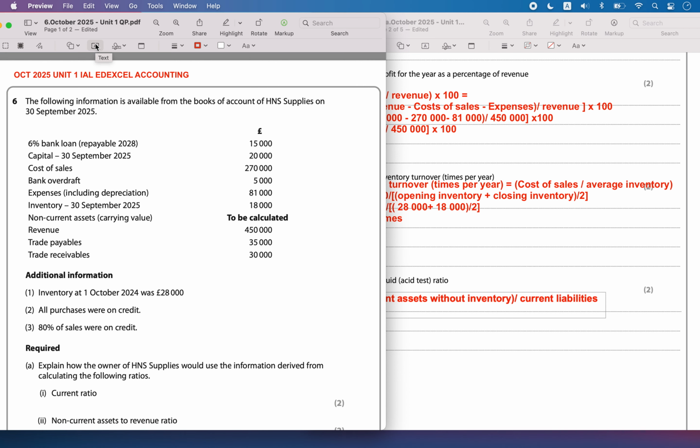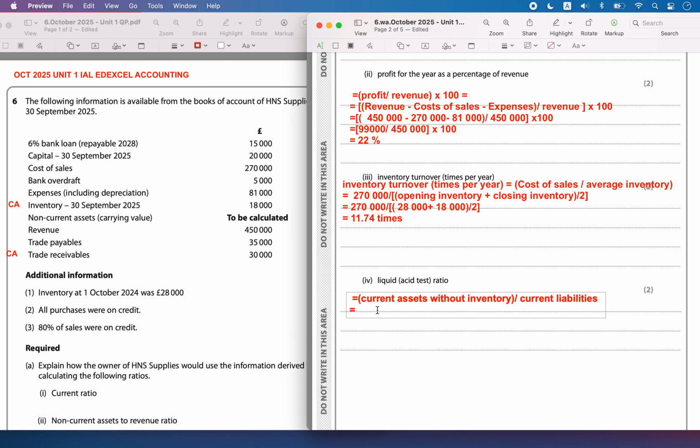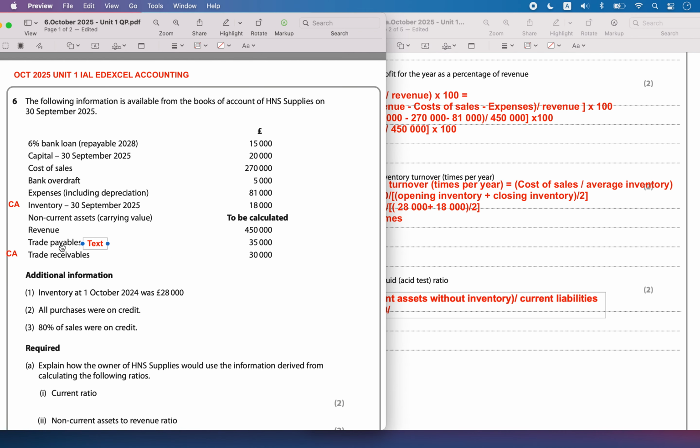So we can see what the current assets are. One is the inventory, and the other current asset is trade receivables. These are the current assets. The trade receivables are 30,000, but we should not include the inventory, so we include only the trade receivables divided by current liabilities. What are the current liabilities? Current liabilities are trade payables and there is a bank overdraft.